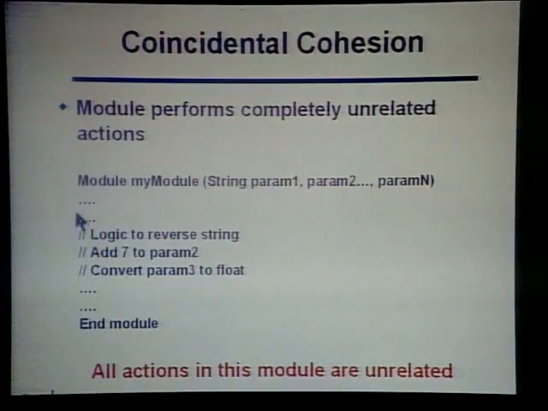These types of modules are not a good design, because if a module does various different things which are not related in any way, it has coincidental cohesion. We should really be looking for a module which performs a single task. In this example, we see that it performs various tasks which are not related to each other.